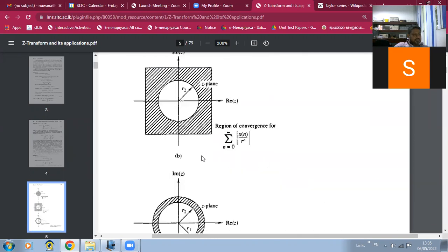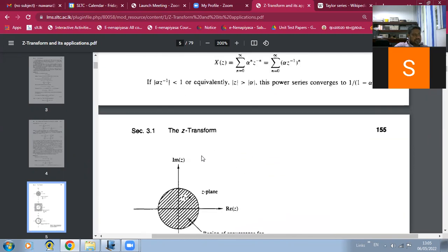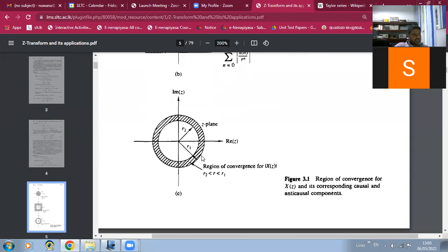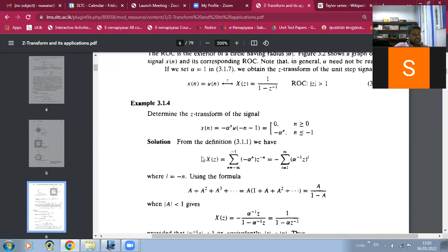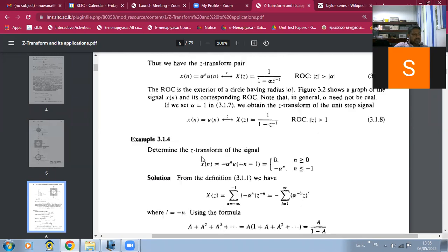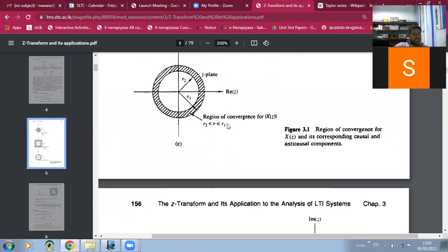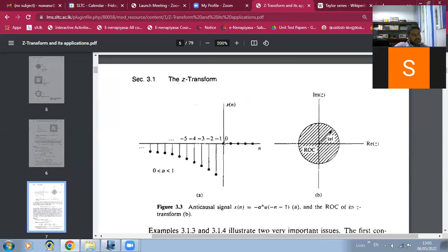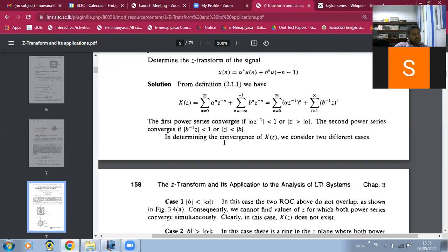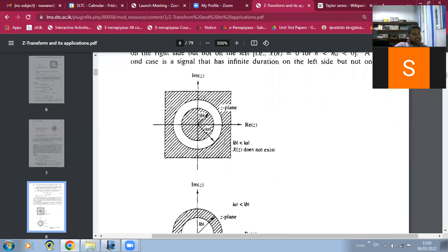Also there are some concepts with the ROC. Sometimes you may not understand this ROC stuff, it is okay. I will explain it later. Gradually we will try to understand these things, and try to do some exercises by yourself.